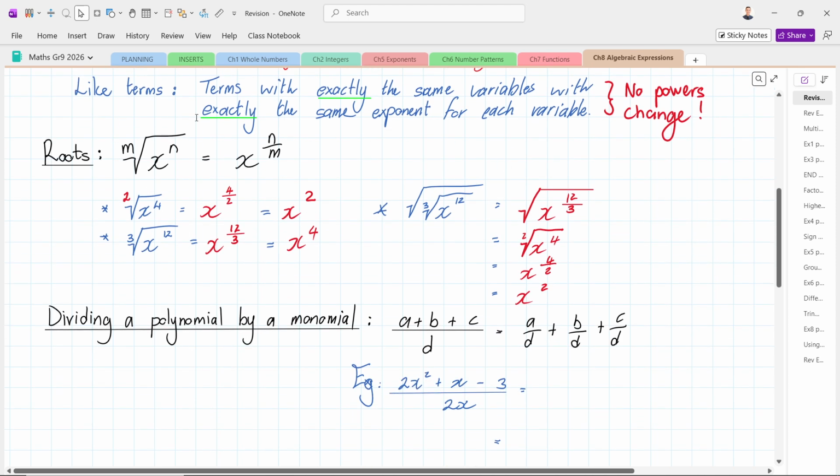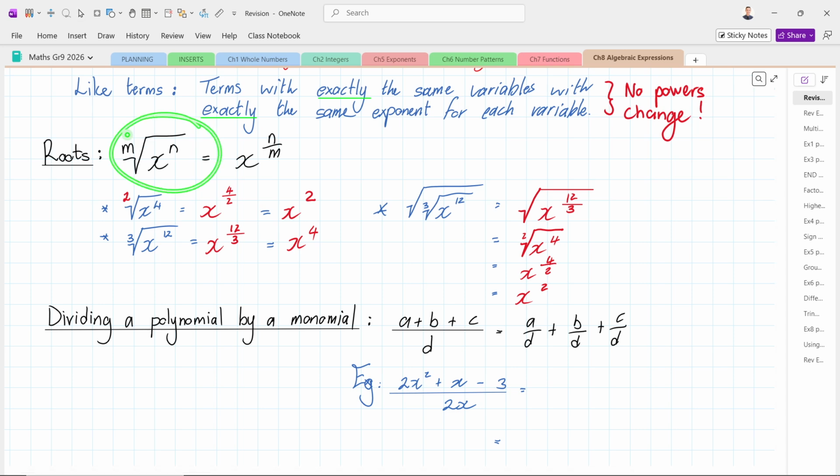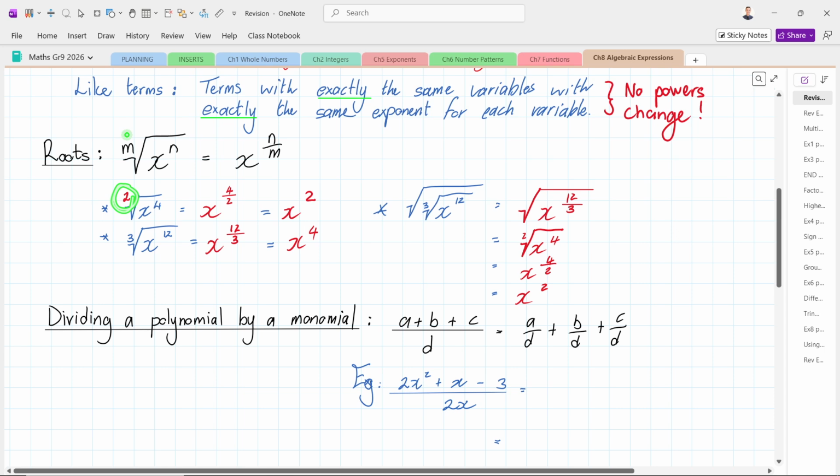Just a quick note on roots. In general, we can rewrite any root as an exponent. The exponent will just be a fraction. So the m on the outside, that is known as the degree of a root. So a square root has a little 2 that we generally don't write. A cube root has a 3.